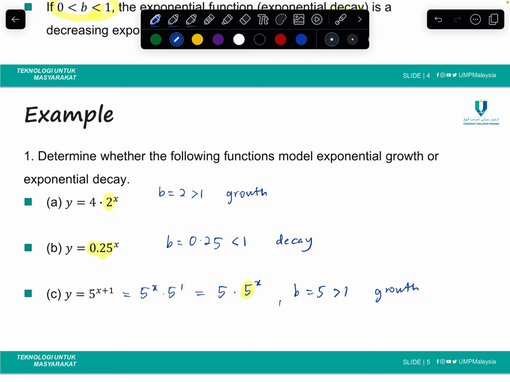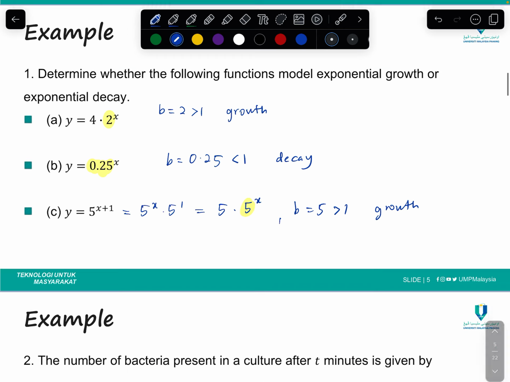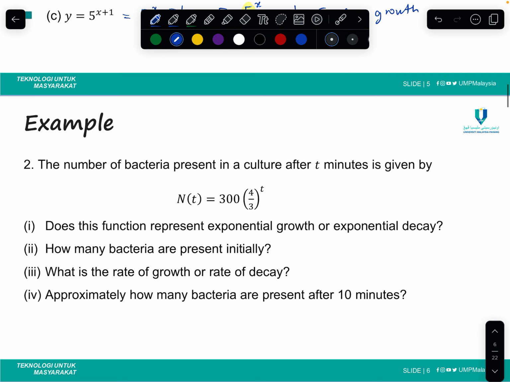So remember, we look at the b value, whether it is greater than 1 or less than 1. Example 2. The number of bacteria present in a culture after t minutes is given by that equation, n of t equals 300 times 4 over 3 power of t.